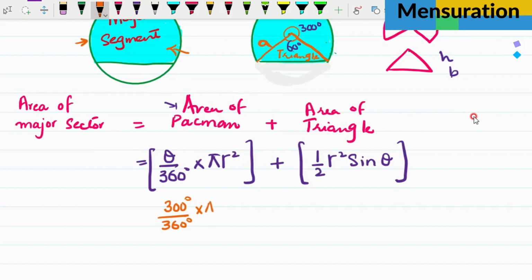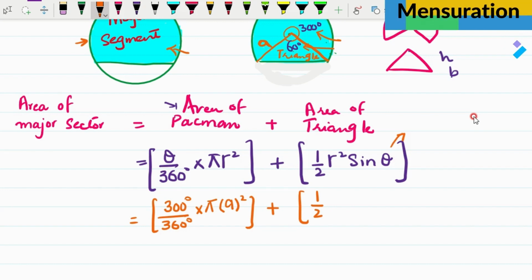So we just substitute 9 instead of r and we can get the answer. Same as we will do here. As we know, what angle is given? Do we need to take 300 or 60? Yes, we will take the angle of the triangle's portion, so we have to take 60 here instead of 300.